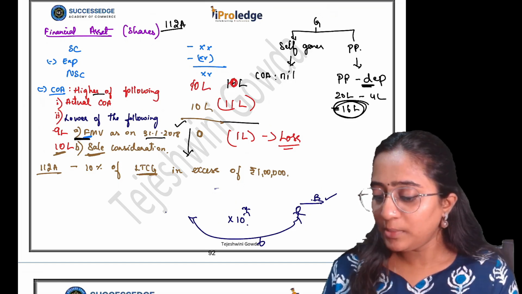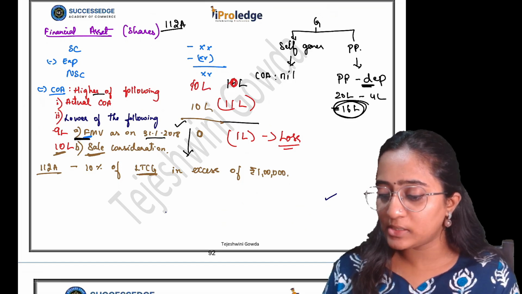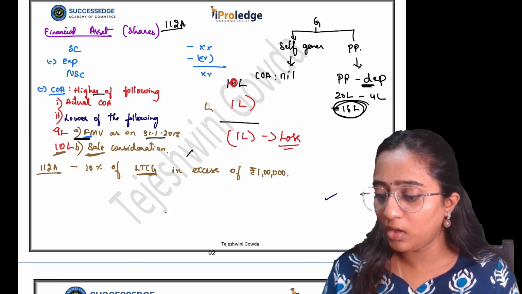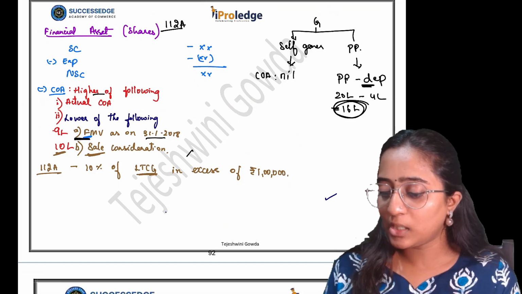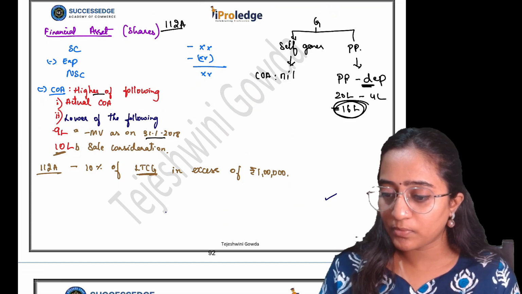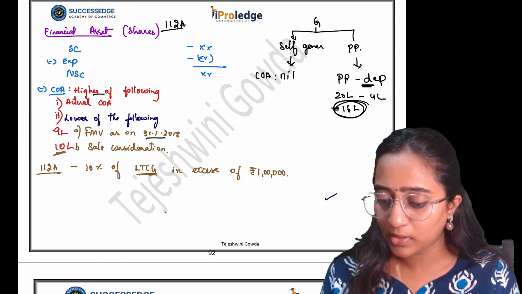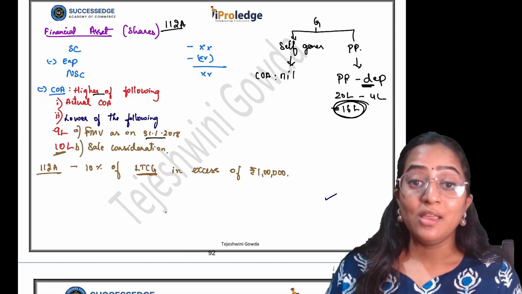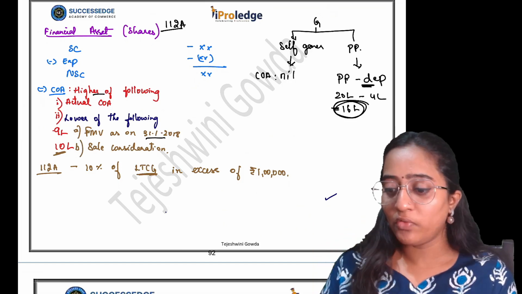See. And remember, the taxability of your long-term capital gain under section 112A is going to be 10% in excess of 1 lakh.